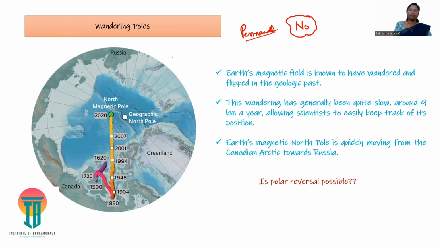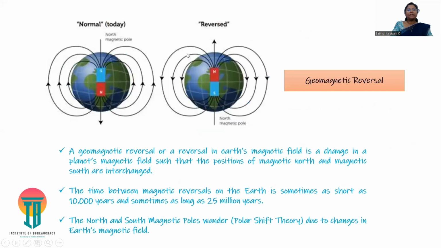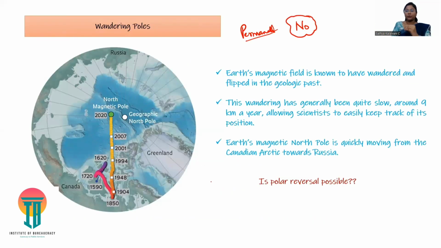The earth has been evolving for 4.6 billion years. So the magnetic poles are subjected to change. The geomagnetic poles are subjected to change. This is an illustrative diagram which pinpoints the movement of the north pole.